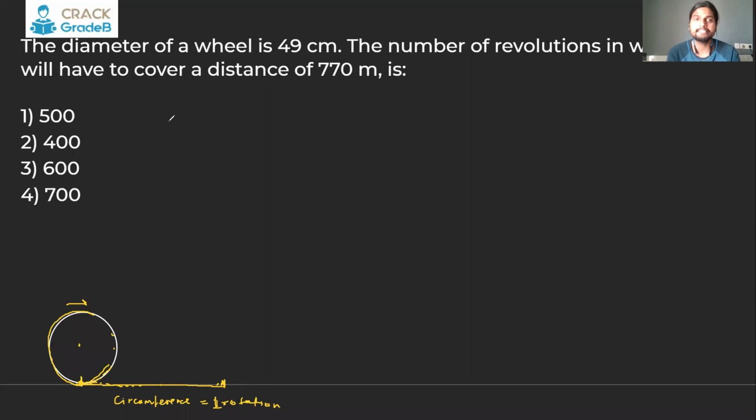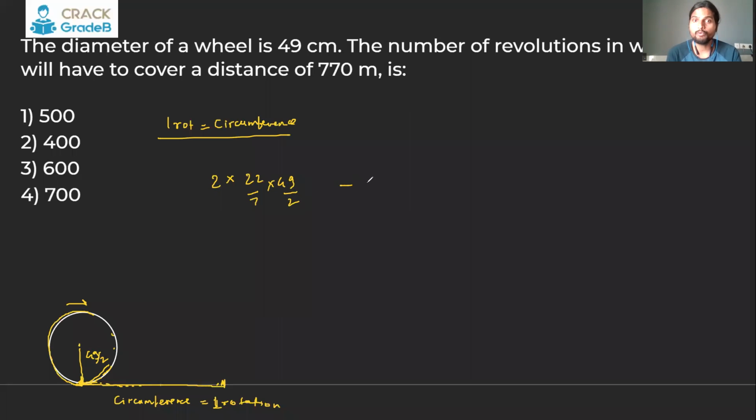You can just memorize it like this: one rotation is equal to circumference. Now if this wheel has a diameter 49, the radius will be 49 by 2. Circumference is 2 into pi into r. This much distance is traveled in one rotation.